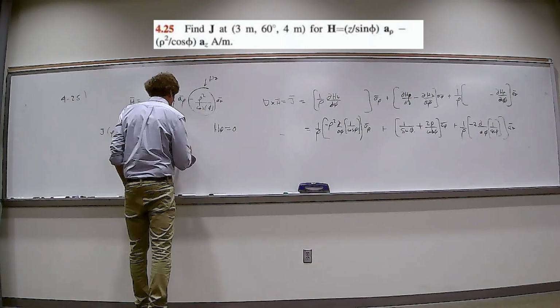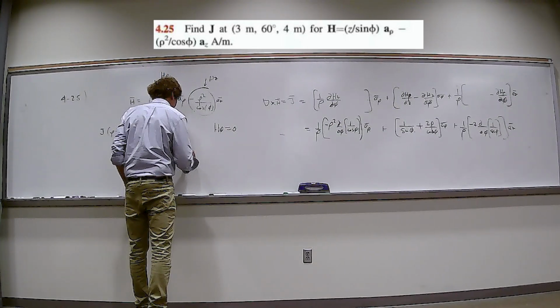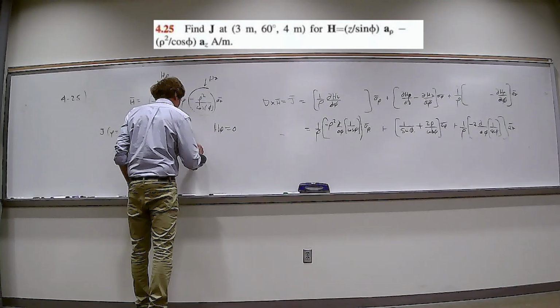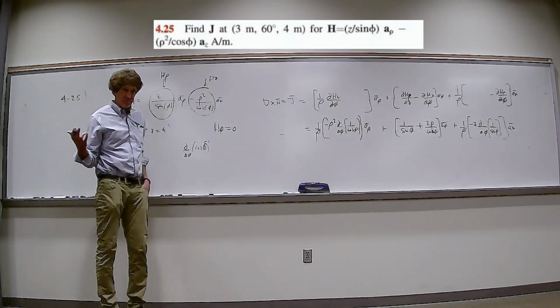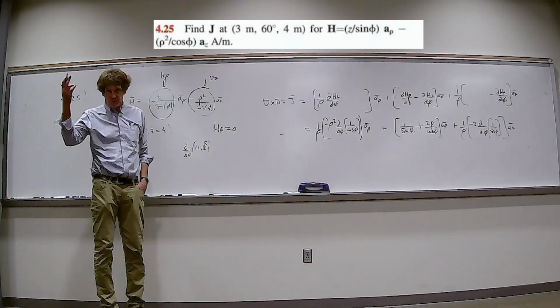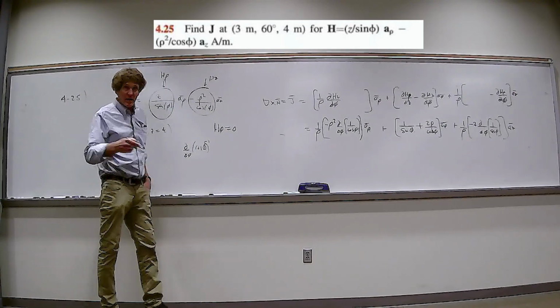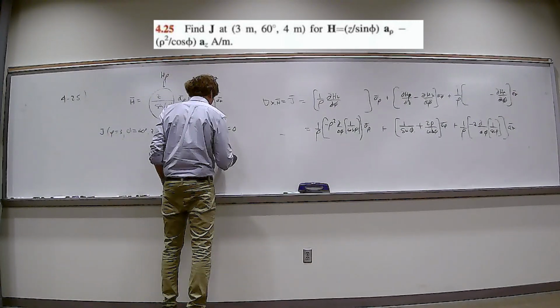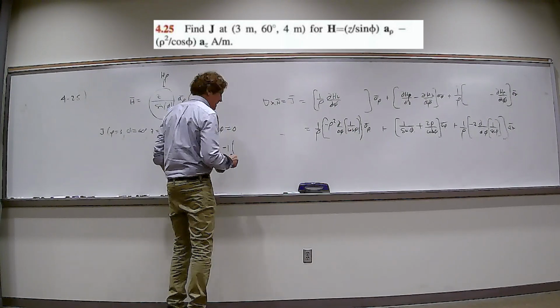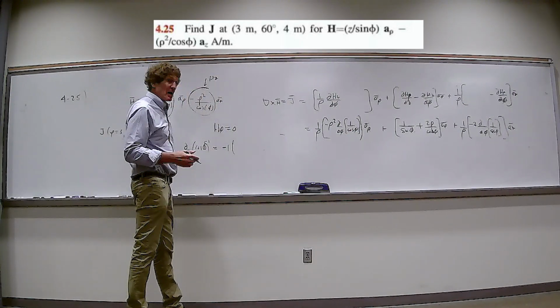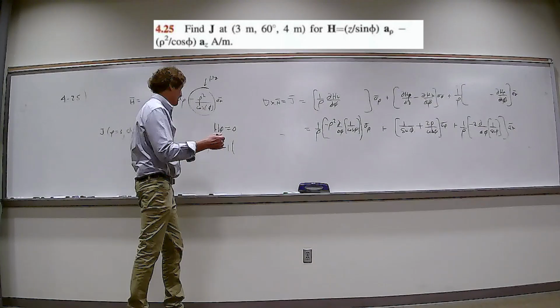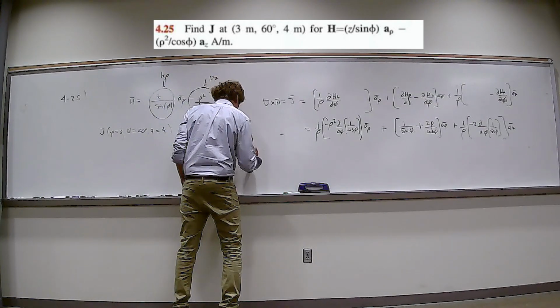If you take the derivative with respect to phi of cosine of phi to the minus 1, that's exactly what you're doing. Do you agree with this, class? You take a derivative of that, what do you get? Minus 1, right? And then you have to take this over what? Cosine squared of phi, right?